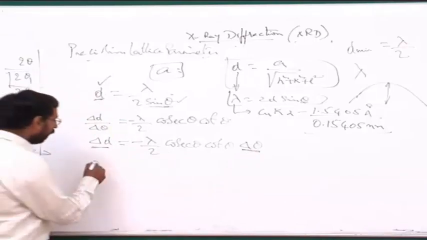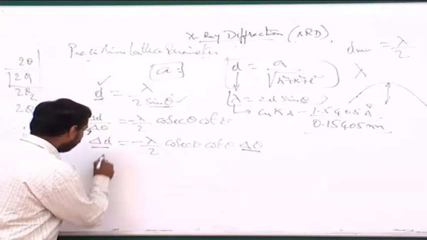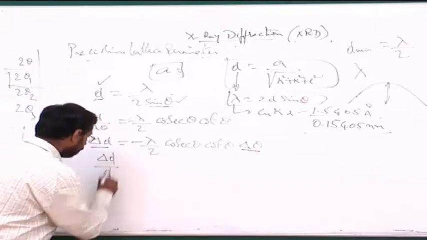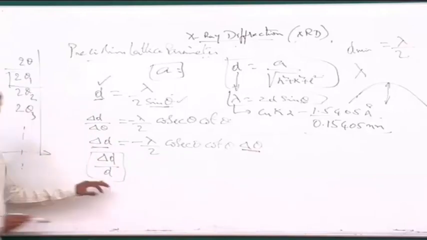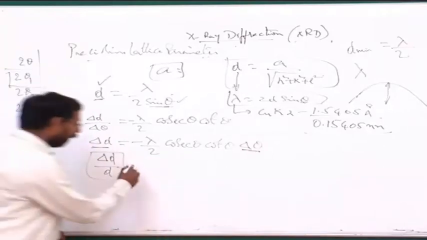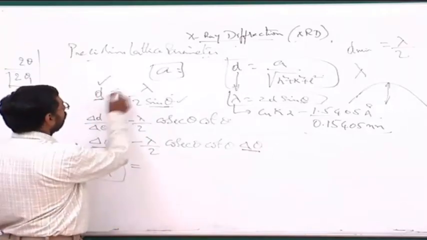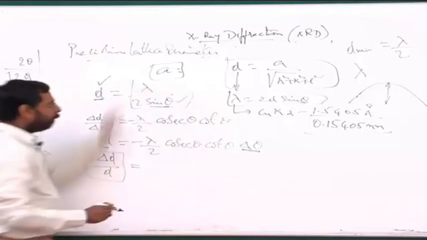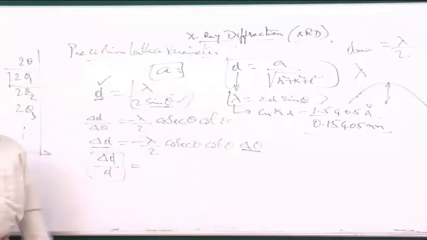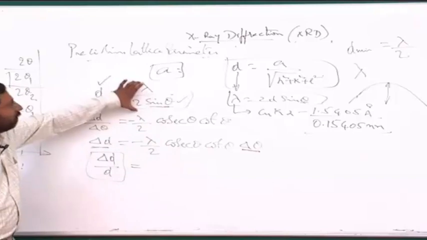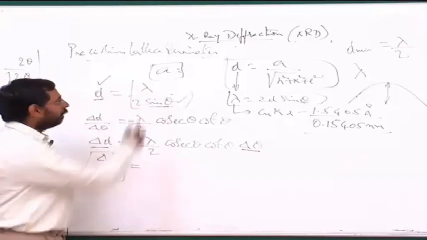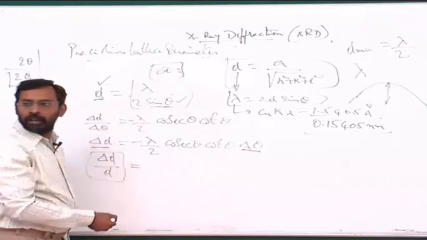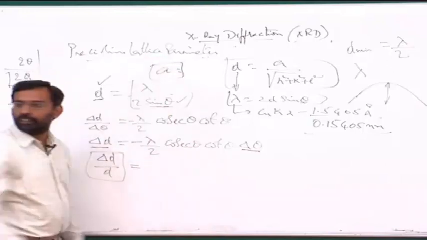And now if I take a ratio of delta D by D, that means I am normalizing the error with respect to D. If I divide this by D, lambda by 2 goes off, the sin theta goes above and gets cancelled with cosecant theta.